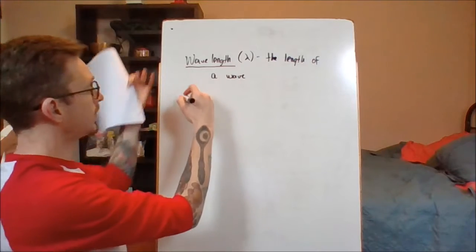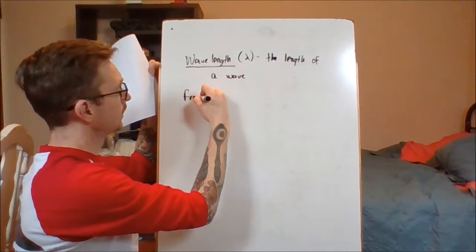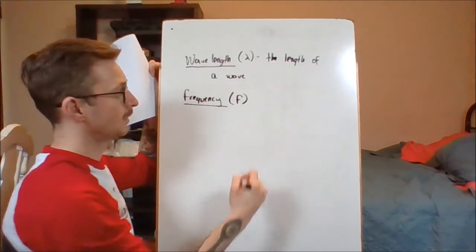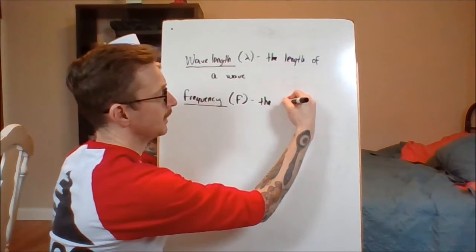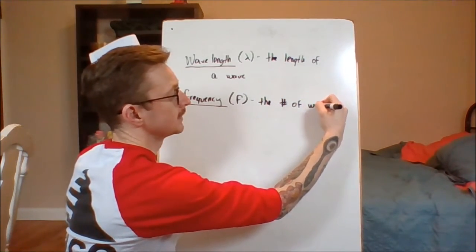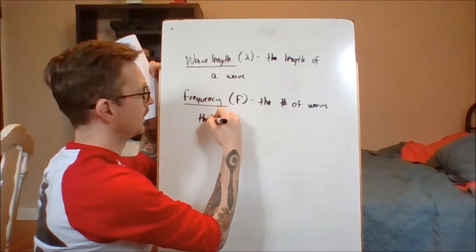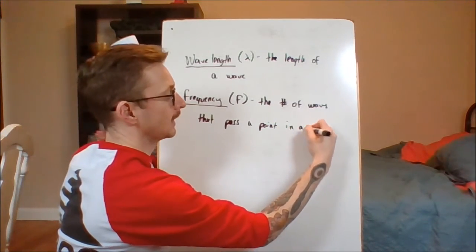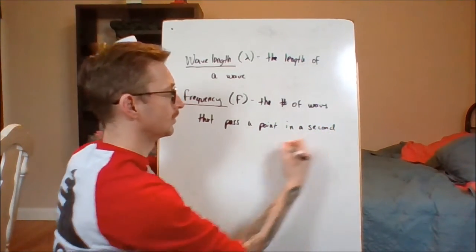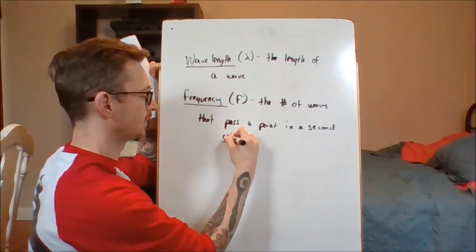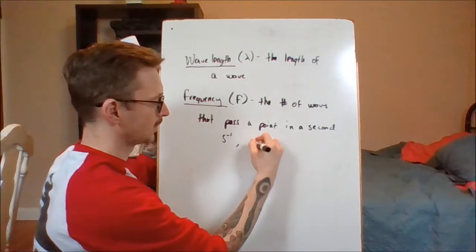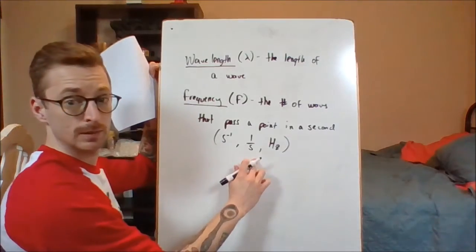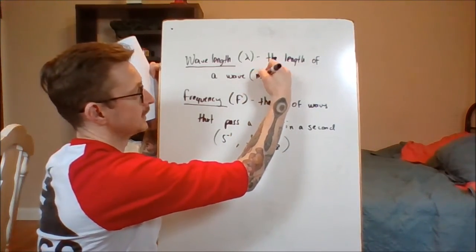We have frequency, lowercase f, which is the number of waves that pass a point in a second. That's going to be measured in per second, 1/second, or hertz. All of these are the same. By the way, this is also just measured in meters.